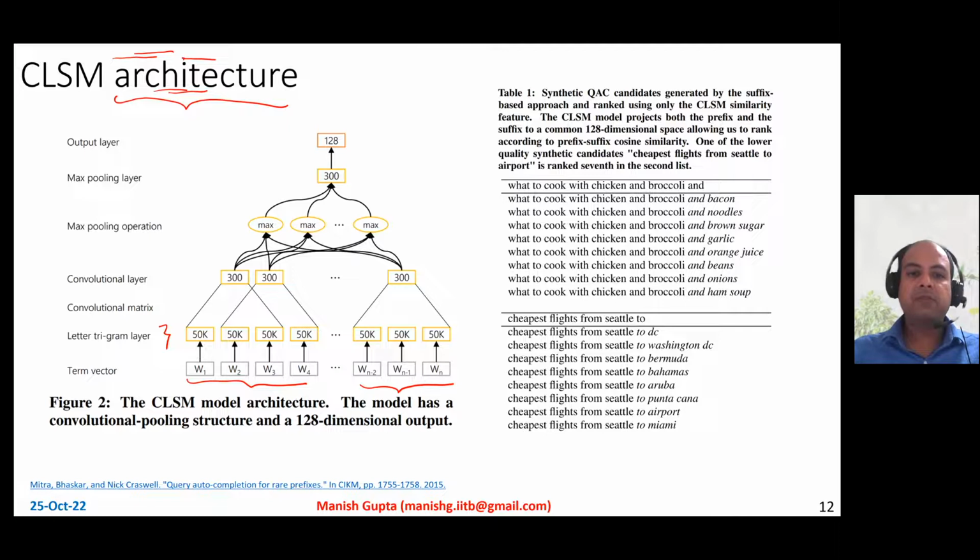You use those trigrams, and then you add a convolutional layer on top of it. So you have basically embeddings for those trigrams, add a convolutional layer on top of it, and there are more of those convolution and pooling layers. At the end, you basically get a 128 sized representation for your prefix. Similarly, you get a 128 sized representation for your suffix.